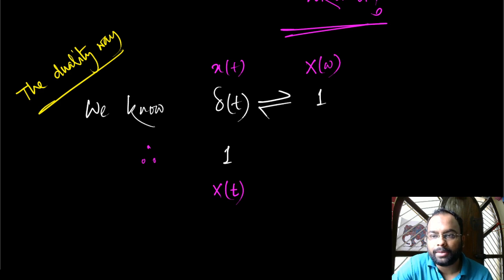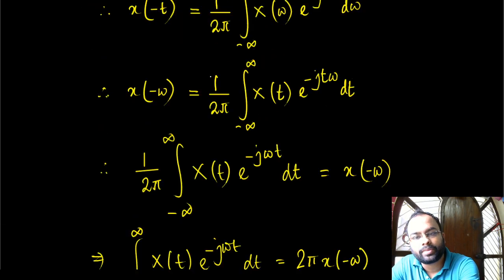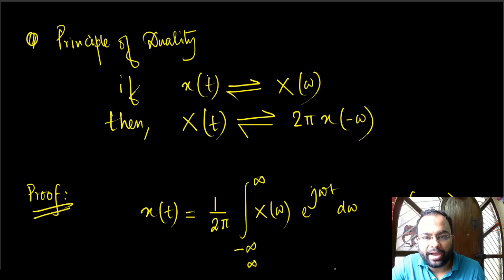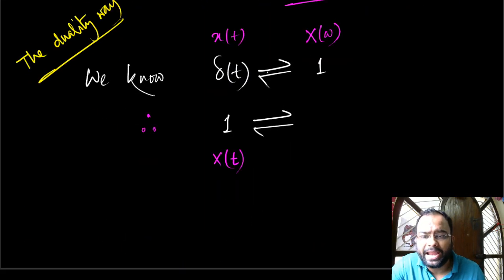So what does the principle of duality tell me? The principle of duality essentially tells me that if I know the Fourier transform of x(t) to be X(omega), then I can go the other way around. The Fourier transform of this can be calculated as this. So what I mean is I know that the Fourier transform of delta t is equal to 1.